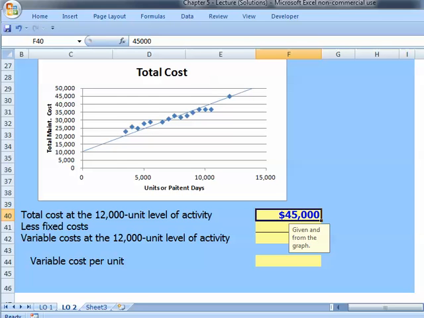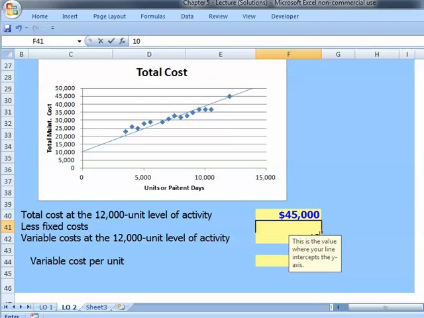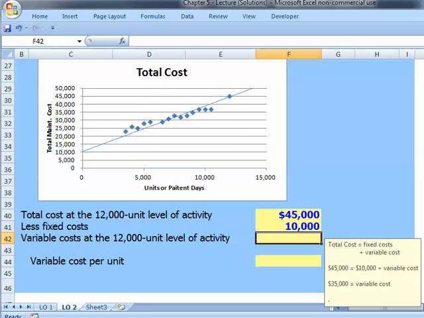So $45,000 less than my fixed cost of $10,000. The difference then between my fixed cost and my total cost will be my variable cost. And I get a variable cost of $35,000.